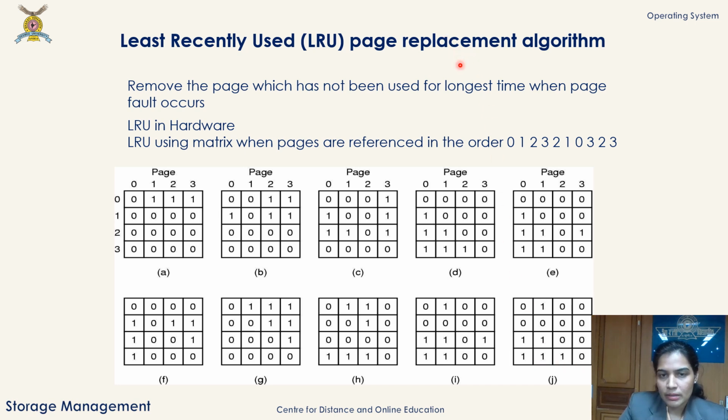Now in this case, as row 1, the page frame 1, contains the lowest binary value, page 1 is the LRU page and it will be replaced when the page fault occurs. So the page frame with the lowest value will be replaced in case of LRU. This is the implementation of LRU using hardware.